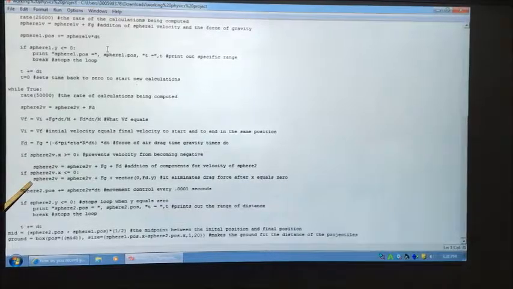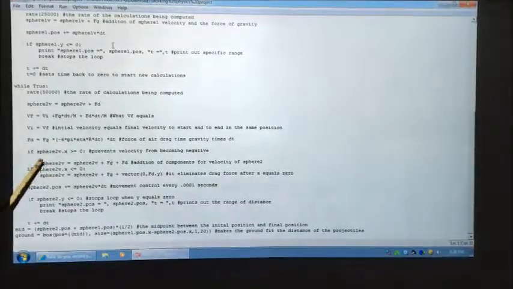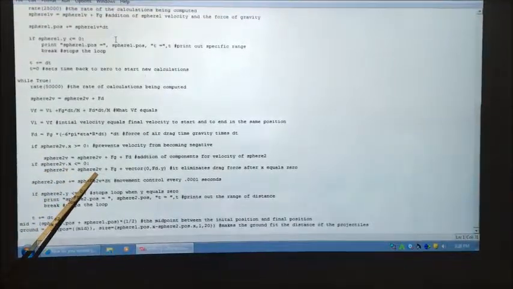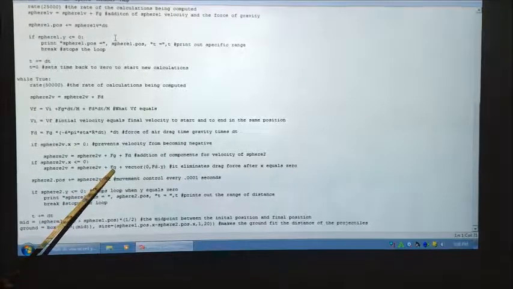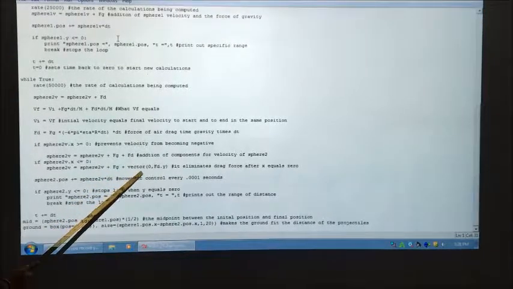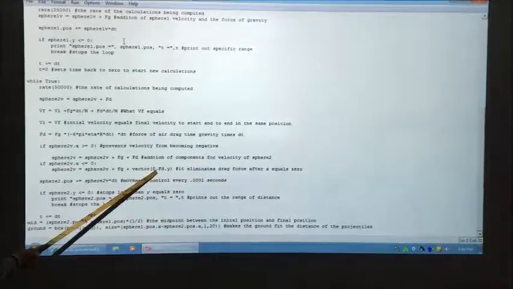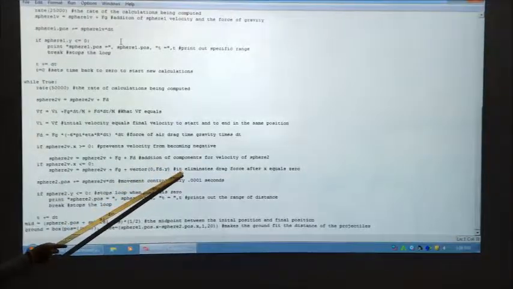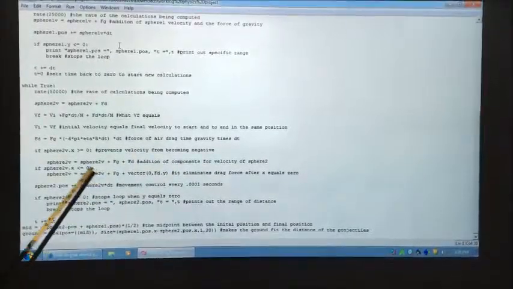Okay, so here we have the velocity of sphere 2 equal to the velocity of sphere 2 plus the force of gravity plus this vector here. Pretty much what this is going to do is eliminate the drag force after x equals 0.